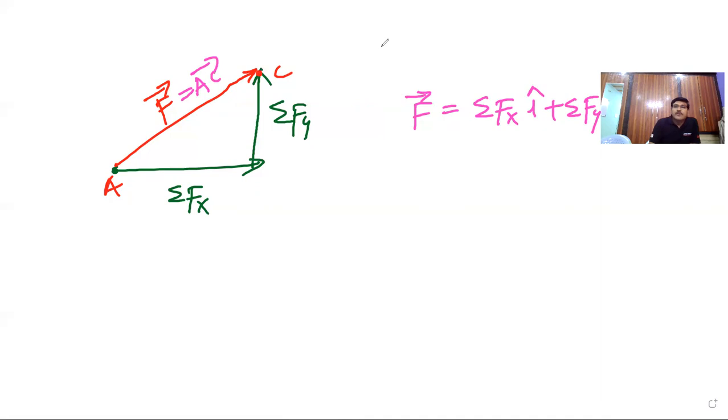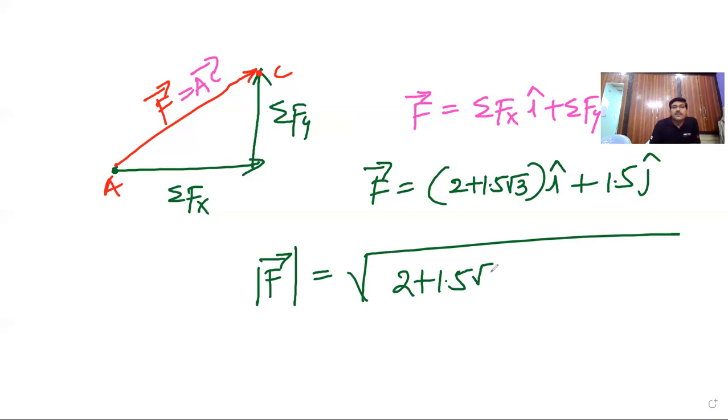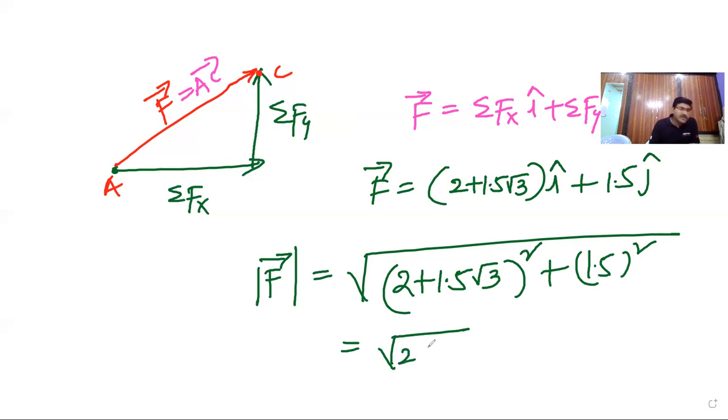Okay. Now, finally, what is the form of this? This F bar is nothing but sigma of Fx, which we have just seen is 2 plus 1.5 root 3 I cap, plus 1.5 j cap. Now, the magnitude, the modulus of F bar, is the square root of 2 plus 1.5 root 3, whole squared, plus the coefficient of j cap, 1.5, whole squared. Simplifying, this becomes 23.39, finally 4.83 meters.